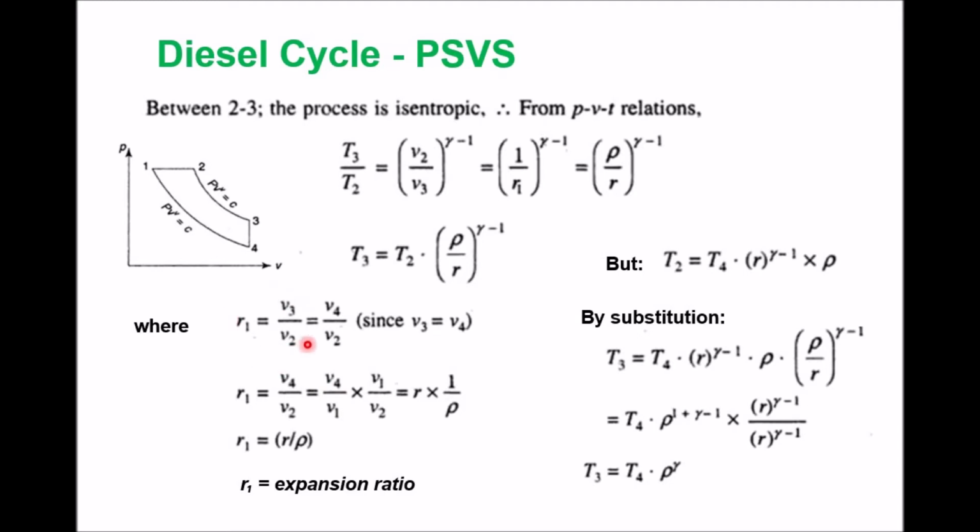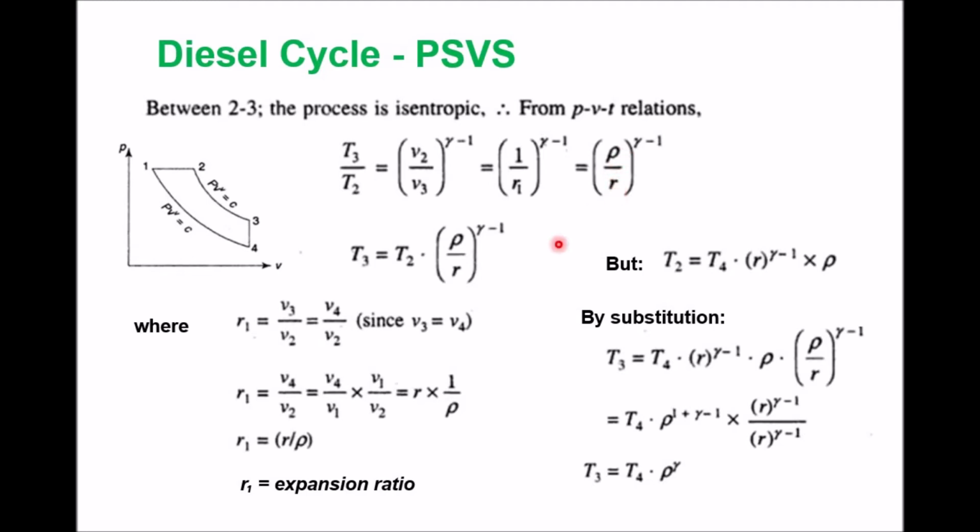Since this is V2 divided by V3, the reciprocal, we write 1 over the expansion ratio r1. Then again, 1 over r1 is also equal to rho divided by r, the cut-off ratio divided by the compression ratio.